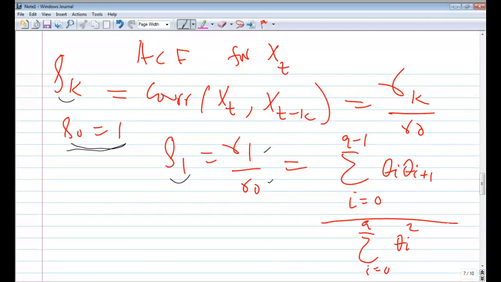Then you divide it by gamma 0. Gamma 0, we've already calculated, and it is equal to the summation of theta I squared, where I is ranging from 0 up to q. So at the end of the day, the autocorrelation function at lag 1 is equal to the summation of this divided by the summation of this.